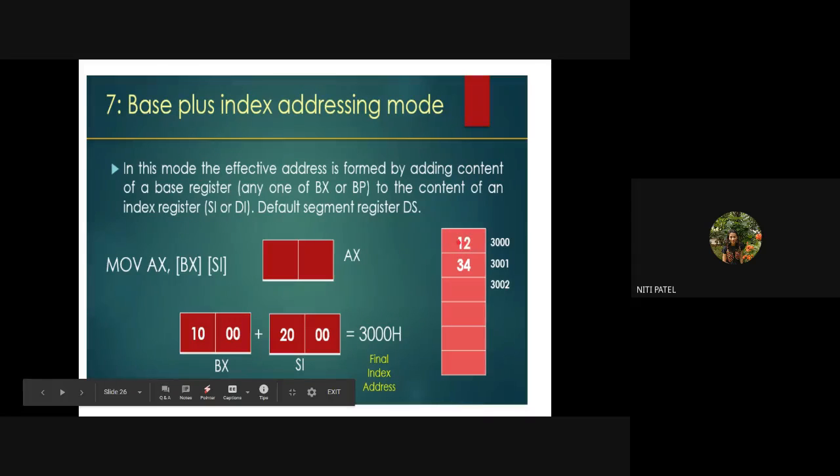Before this operation is performed, the content of 3000H is 12. After this operation is performed, the contents will get changed. Okay. So what is in BX? 1000, plus what is in SI? 2000, which will make what? 3000H. Okay. So I am going to identify my data by using the address.